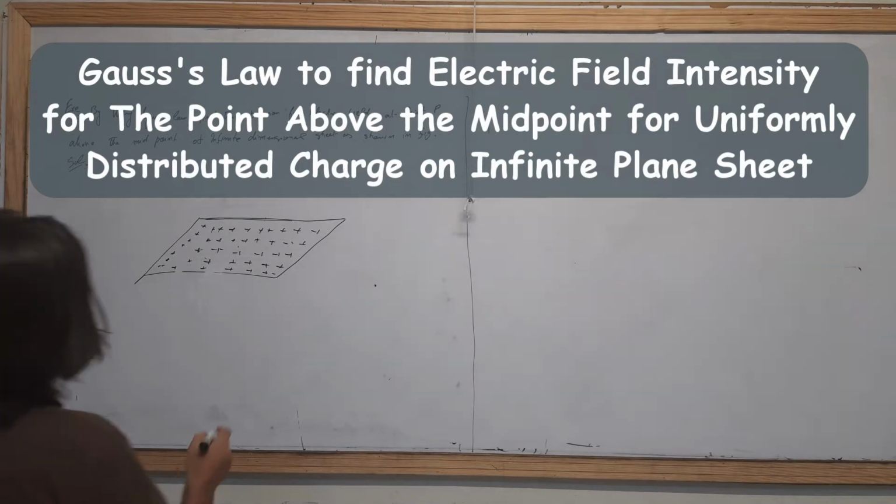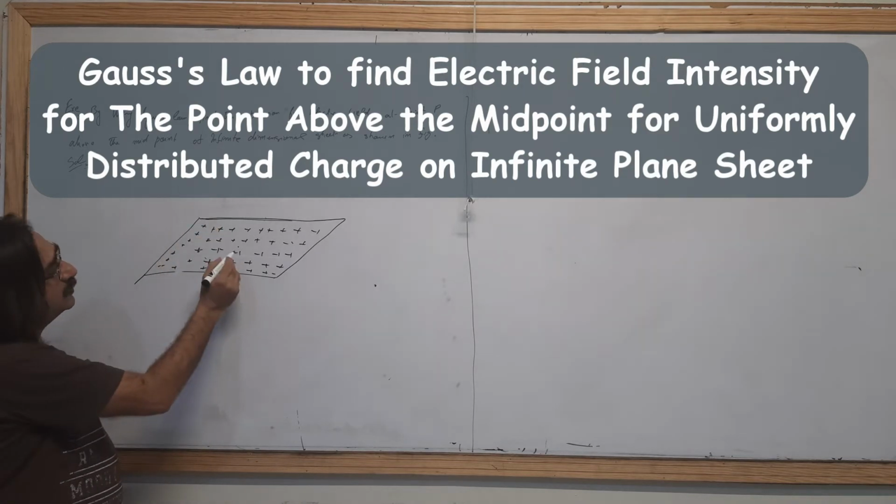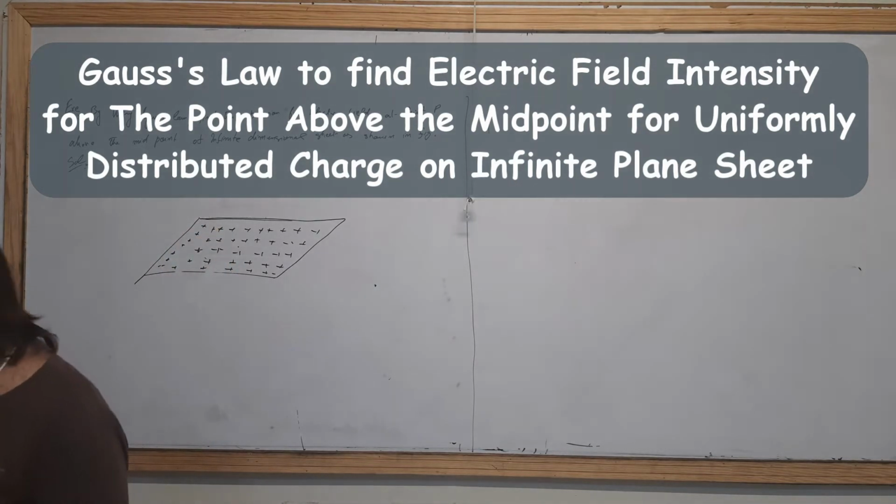But now, for Gauss's law, we have to consider a surface. In the previous exercise, using the definition of electric field, there was no need to consider a surface, but in Gauss's law we have to consider the Gauss's surface.